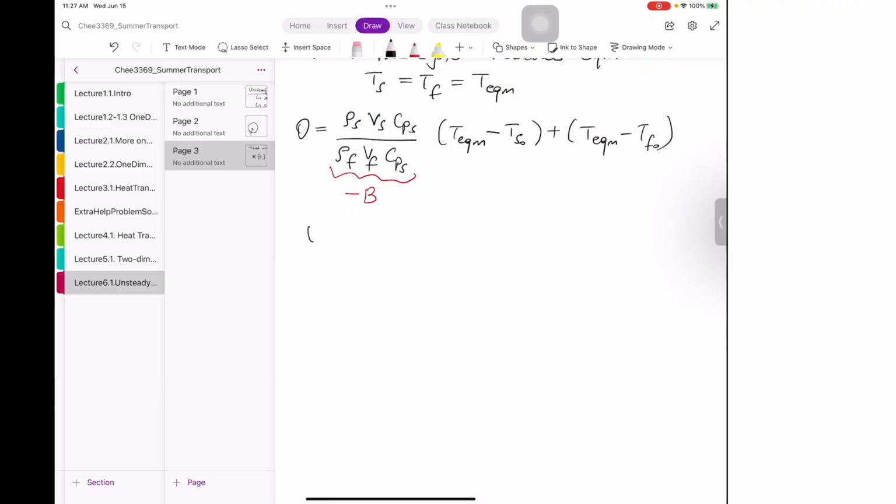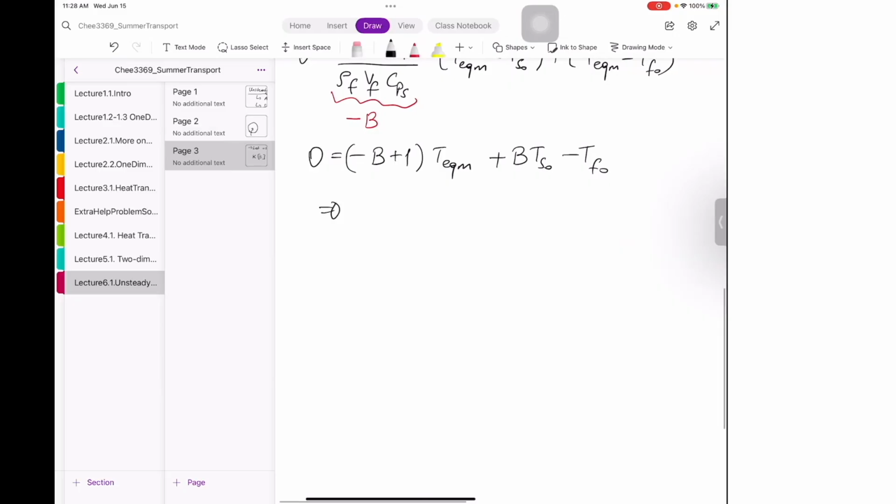So you find 0 is equal to minus B plus 1 times T equilibrium, plus B Ts0 minus Tf0.